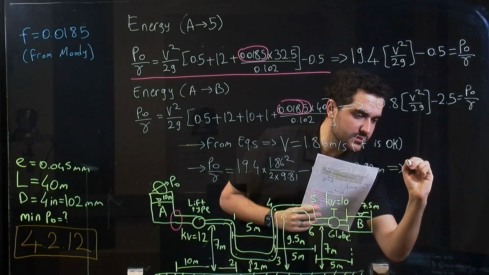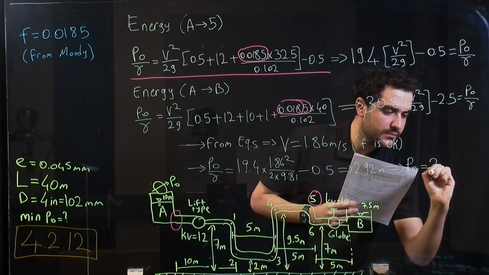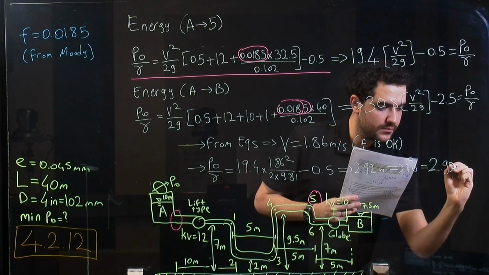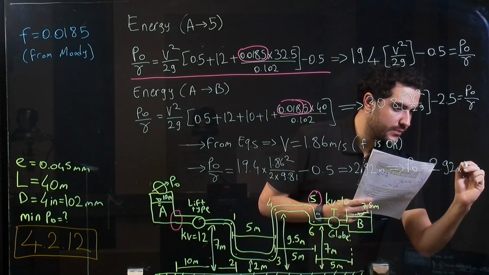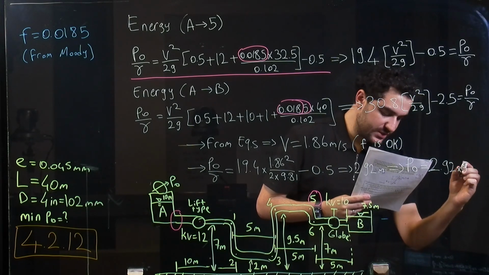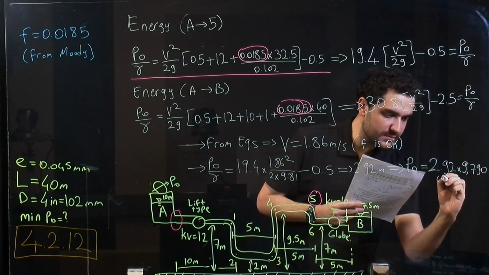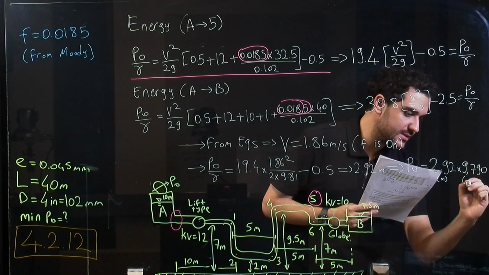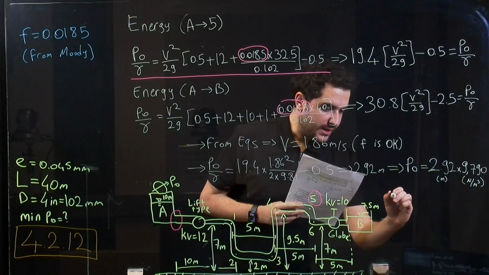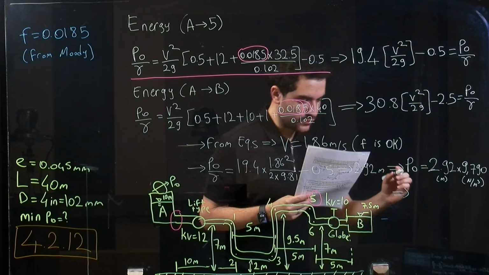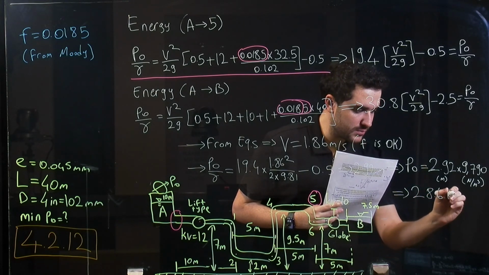So from there, PO is equal to, this is the specific weight of water, and this is in meter, this is Newton over cubic meter, and this gives us 28.6 kilopascal.